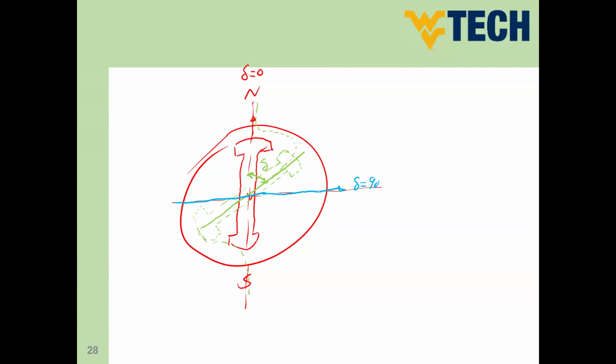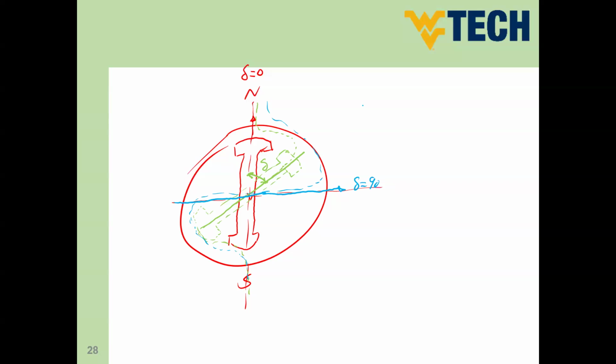Actually, what will happen is the flux lines will be stretched very much, like that. And any more increase in this angle will make these flux lines very weak, and they may be cut.